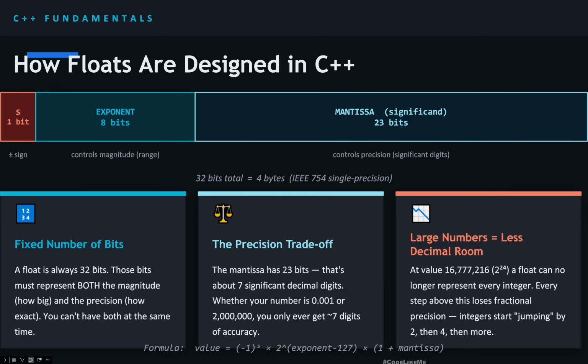Since a float is always 32 bits, that's all you've got, no matter the magnitude of the number or how precise you want to be. Because of that, you can only represent about 7 significant decimal digits. So it's only 7 digits of accuracy, and larger numbers have less decimal room.